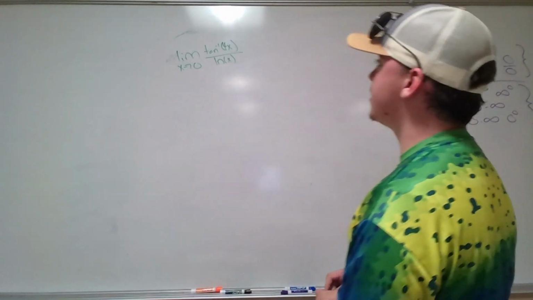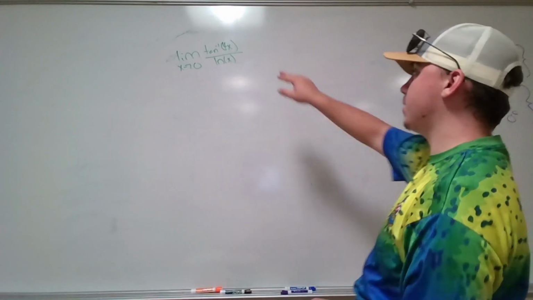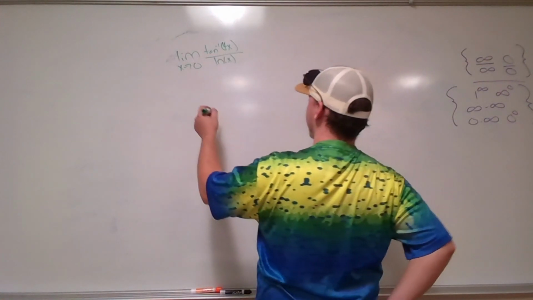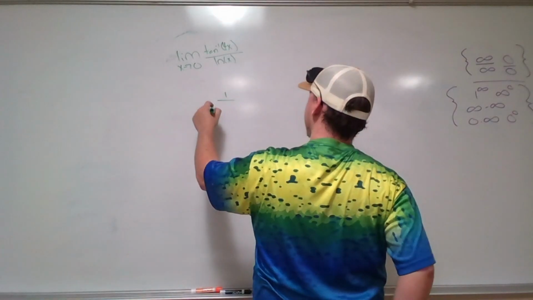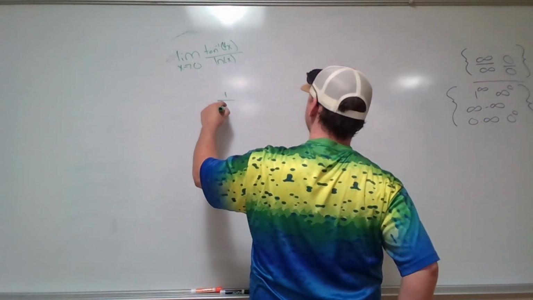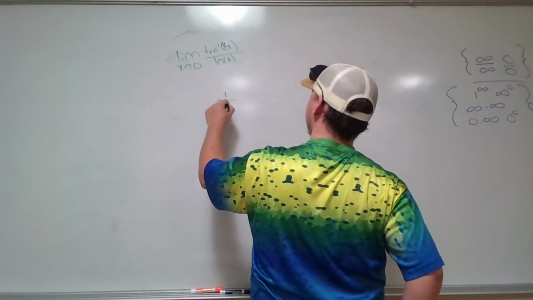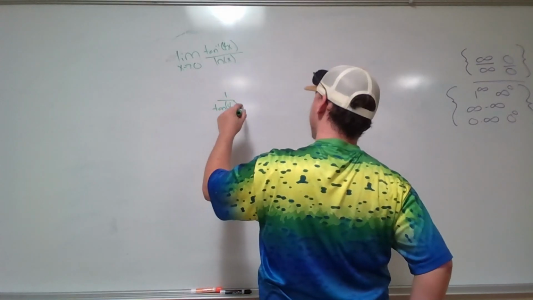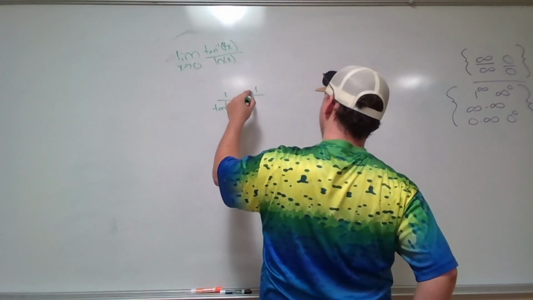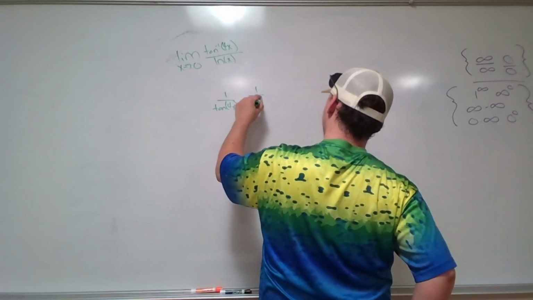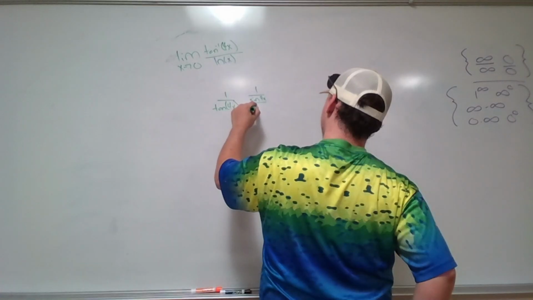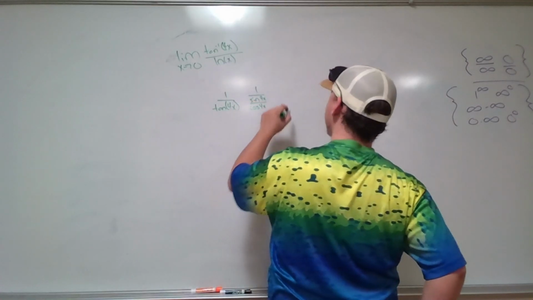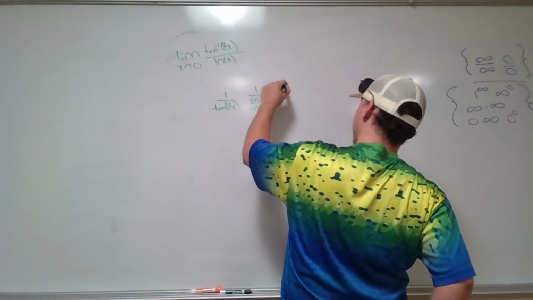So tangent can be changed into sine over cosine, of 4x, which can in turn be changed into 1 over sine 4x, cosine 4x, which can in turn be changed to cosine 1 over x.